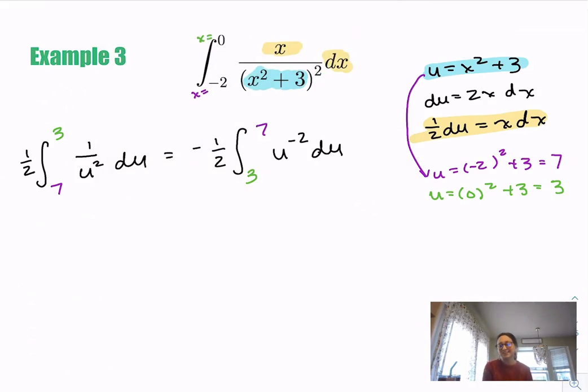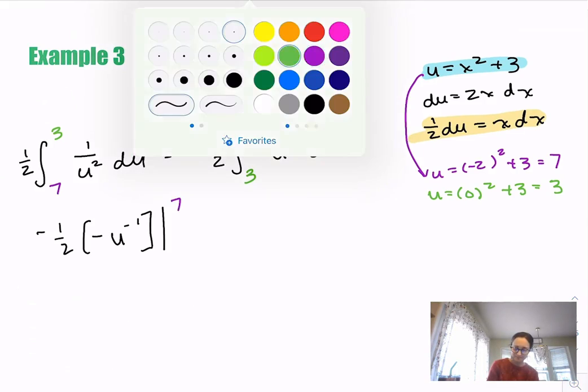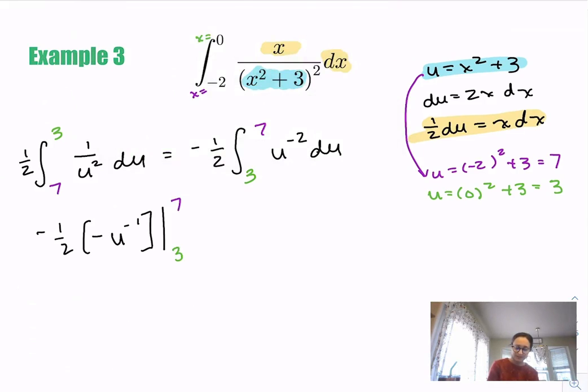All right, so now we're going to antiderive u to the -2 and plug in our new values, that purple and green value. Okay. So the antiderivative of u to the -2 is going to be -u to the -1, and I want to evaluate this at 7 and 3. Okay, let's go ahead and bring our coefficients to the front.